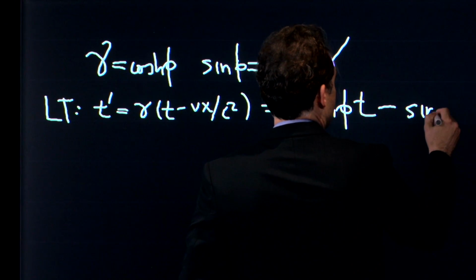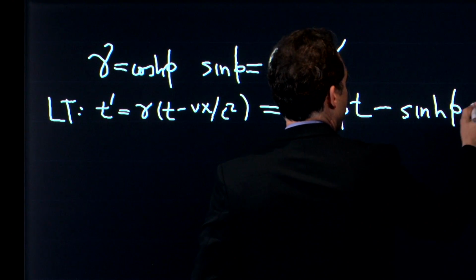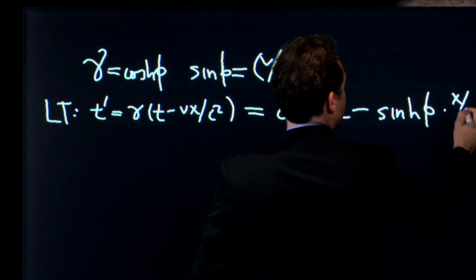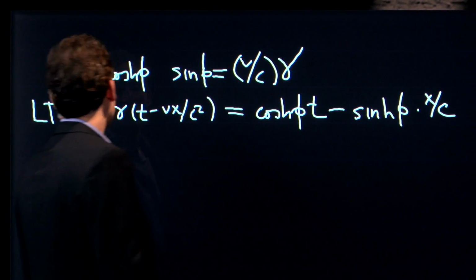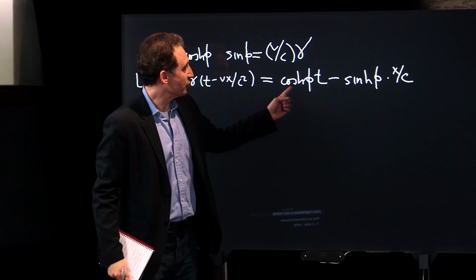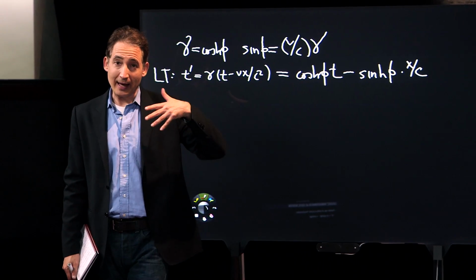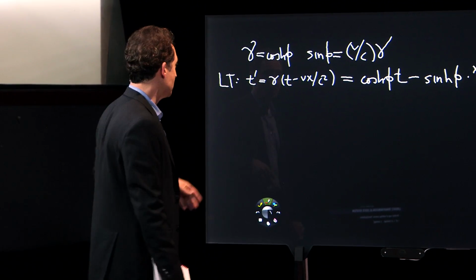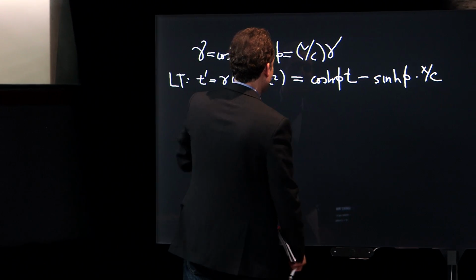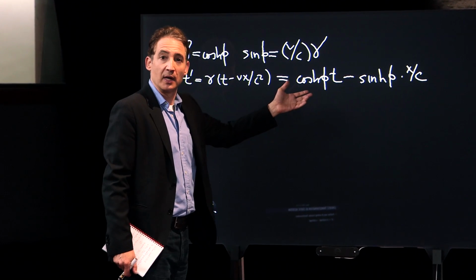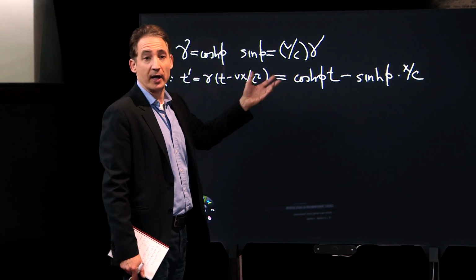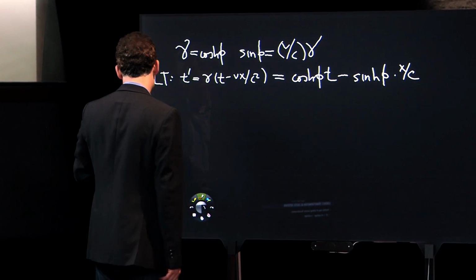So that combination gives us sinh phi times x over c. And here we have a transformation that starts to look like a rotation, albeit an exotic rotation since we're using hyperbolic angles, but nevertheless, this looks very similar to the transformation from x y to x prime y prime. Okay, that's half of the story.